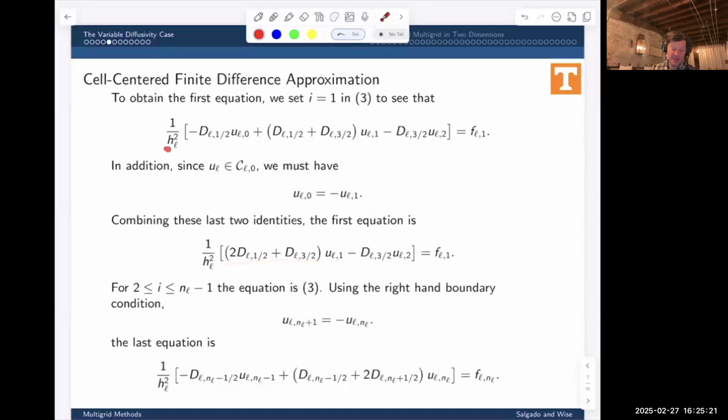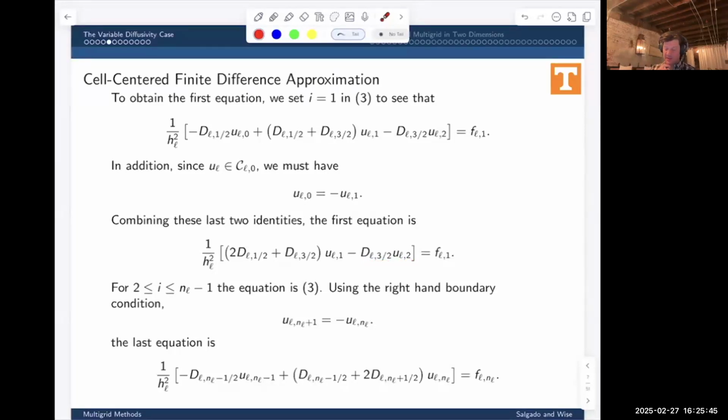The h_L squared just goes along for the ride. I can do this manipulation entirely inside these two square brackets. So my coefficient on U_L,1 becomes this, and there's a coefficient which is going to appear when I start collecting things in the coefficient matrix, which multiplies U_L,2. All right. So now let's go on.